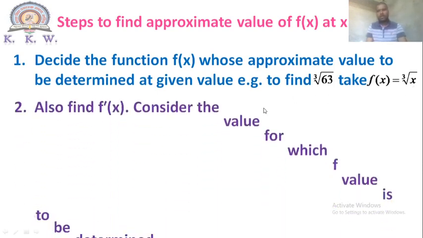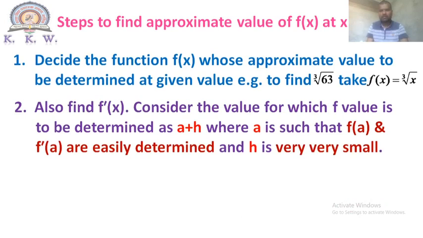After finding f of x, find f dash of x by differentiating it with respect to x. Then find the value of a and h. To find the value of a, find a such that it is very near to 63, and you can easily find its cube root also.